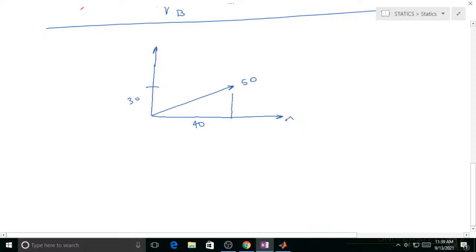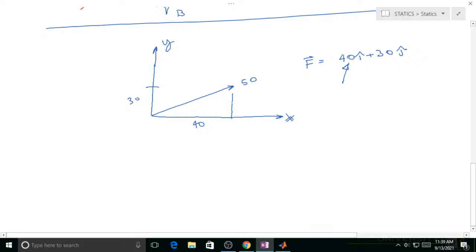Now, this is going to sound stupid, but there's a reason I'm doing this. The vector F is obviously 40I plus 30J. If somebody said, I want to know the vector along the X component, what would you do? Well, you'd just grab the 40, right?